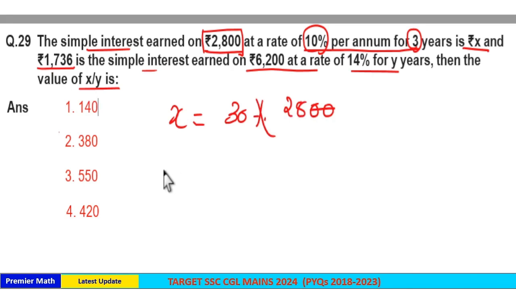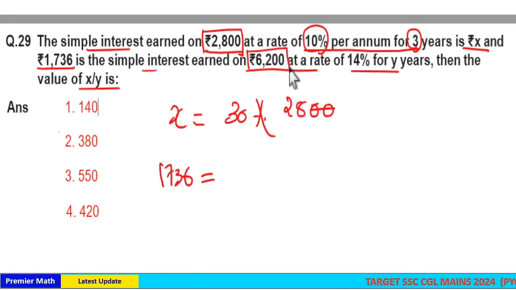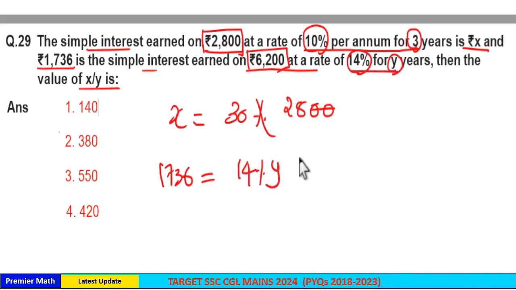Now here, 1736 is the simple interest earned on principal 6200, at 14% for y years. For 1 year the rate is 14%, then for y years the rate is 14% of y. So 14% of y on the principal 6200 is 1736.